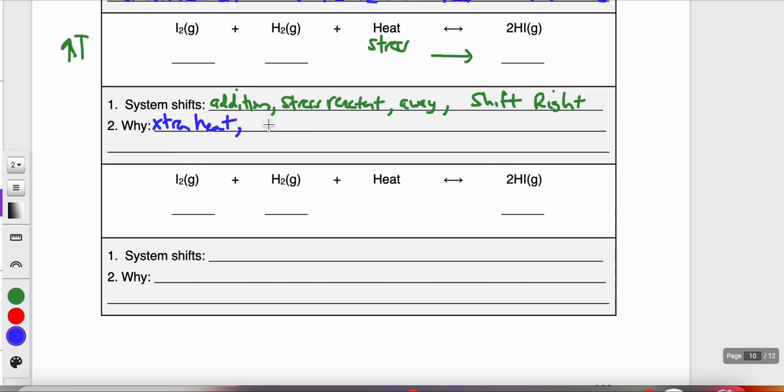The system has to use up the extra heat. And the way the system uses it up is by absorbing it. So the heat must be absorbed.